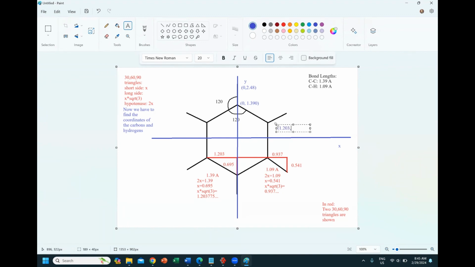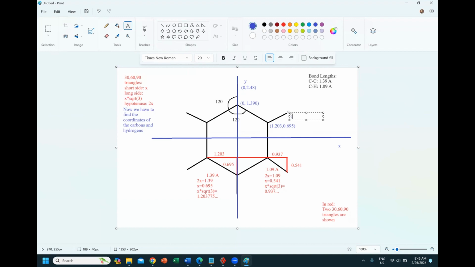Now I'm using the larger 30, 60, 90 triangle for the CC bonds to show you what the coordinates are for that second carbon. And now we're moving on to the hydrogen. I'm going a little fast. That's okay. I'm showing you the triangle because apparently an hour ago me didn't think that y'all could figure that out.